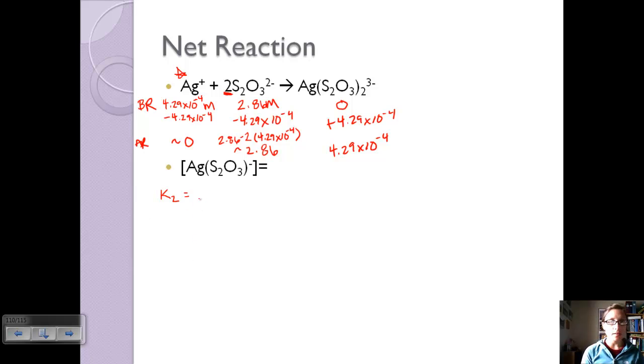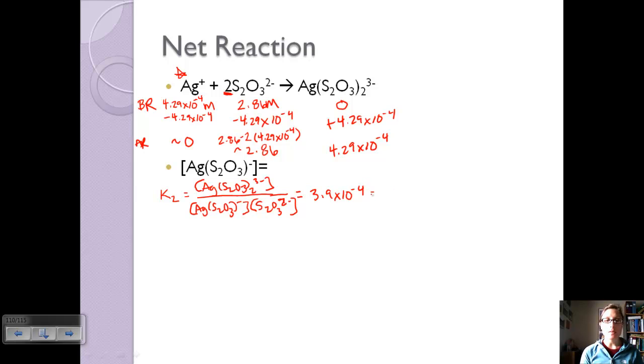Okay, so our K2 is going to be our AgS2O3 over our reactants, one of which is the AgS2O3-, and the other one is our S2O3 2-. And that K2 value was equal to 3.9 times 10 to the negative 4.